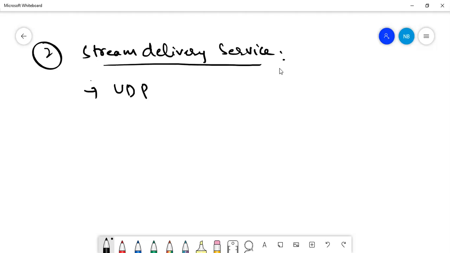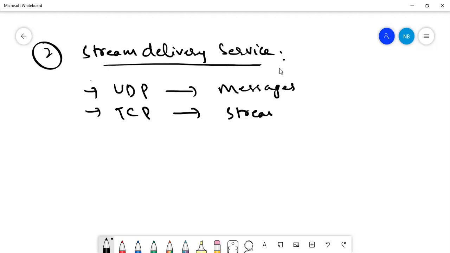UDP uses messages as the communication medium. But here in TCP, it uses streams of bytes. A byte is nothing but 8 bits of information, in the form of a stream that travels over the TCP protocol.